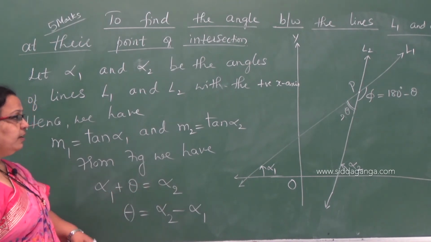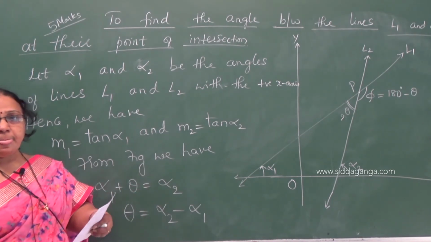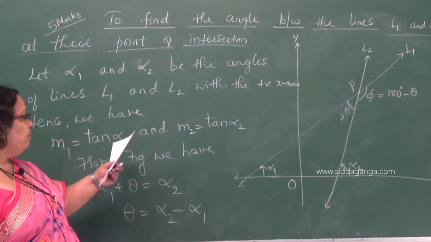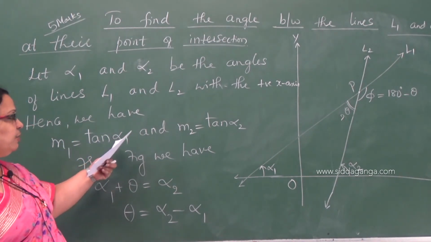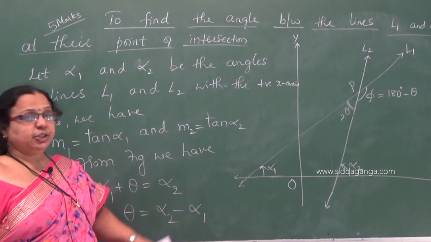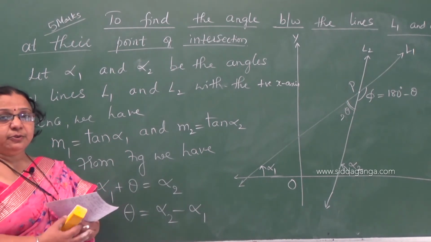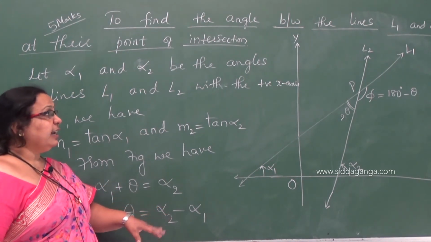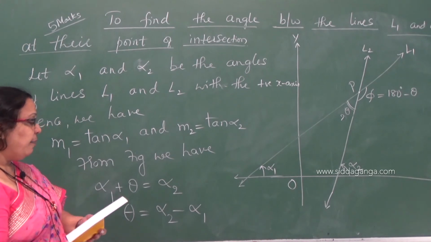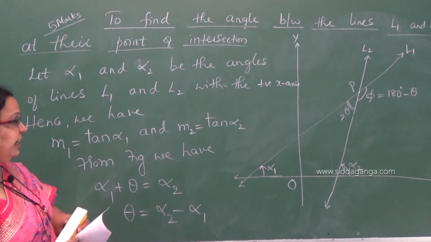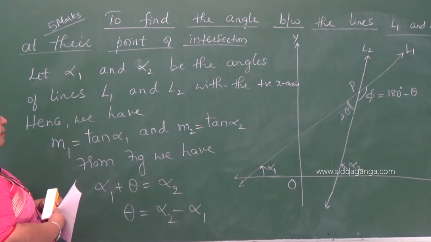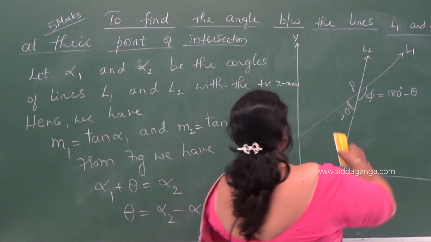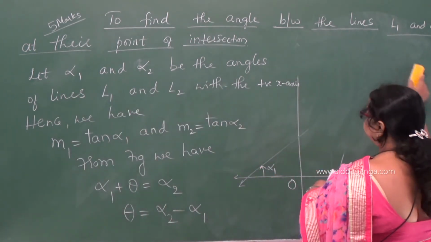We have to write that. So now we have to use both sides, because here m1 is the slope, which is in tan ratio, and m2 is also in tan ratio. For the answer to come in terms of slope, we need the tan ratio, and hence we have to apply the tan ratio both sides. So let us erase this figure and continue here.